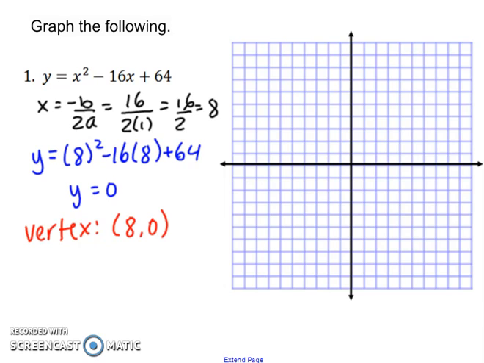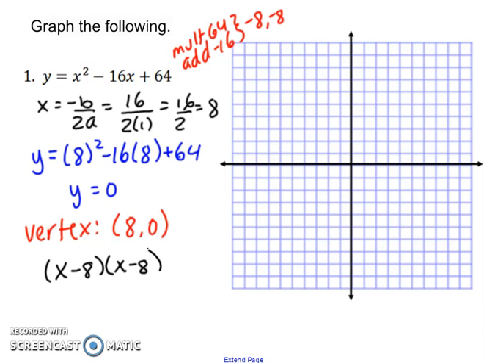To find the x-intercepts, I want to factor. I want to come up with two numbers that multiply to 64 and add to negative 16. We can use negative 8 and negative 8. So when I factor this, I have (x minus 8)(x minus 8) equals 0.